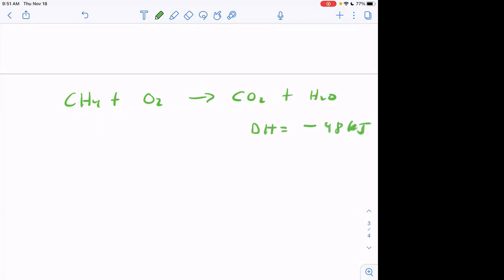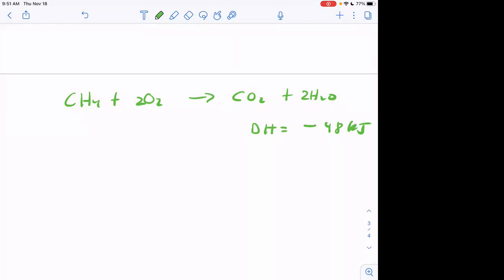Just say it's negative 48 kilojoules. You can look it up. It's not balanced. Sorry, we've got to balance it. So is this reaction endothermic or exothermic? Exothermic, right?